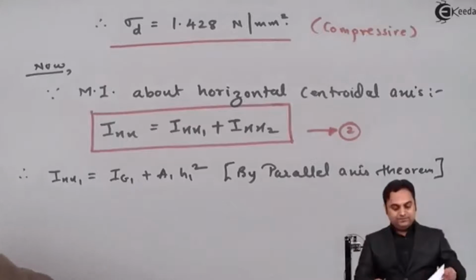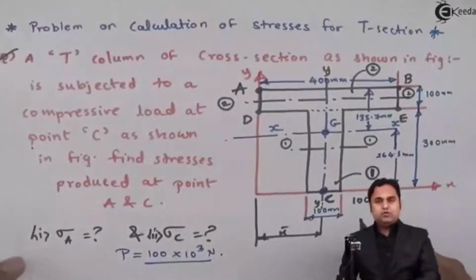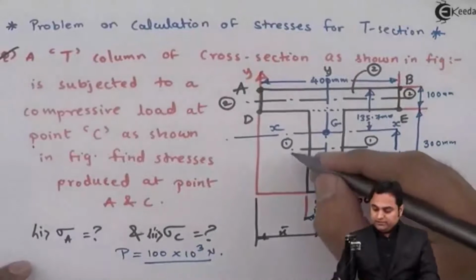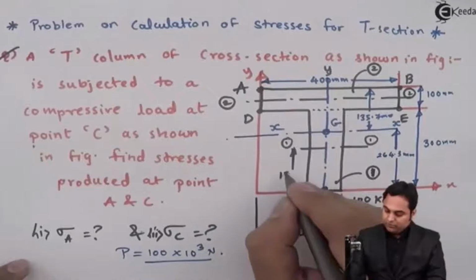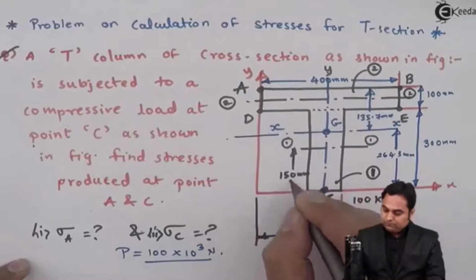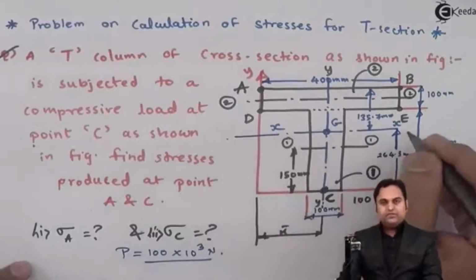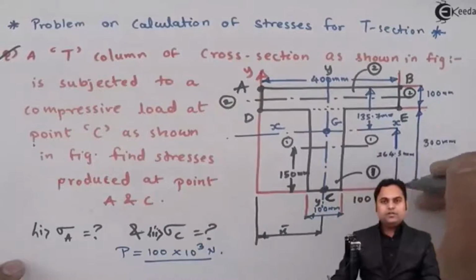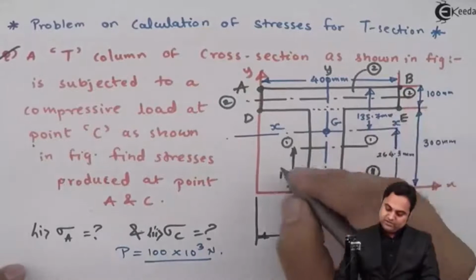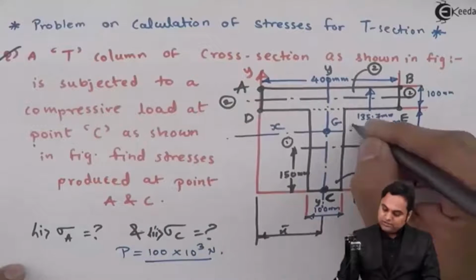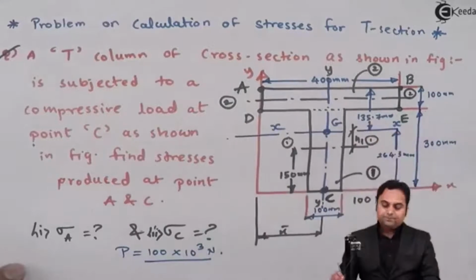Now if we see here, the x-axis of rectangle number 1 is at a distance of 150 mm from bottom, but the x-axis of the complete section is 264.3 mm from bottom. So there is a gap, the distance between the axes, and that distance is called h1.